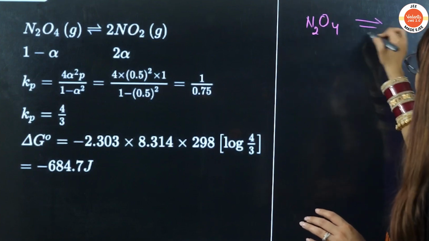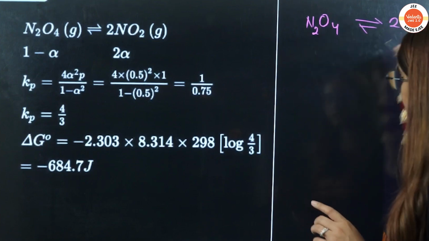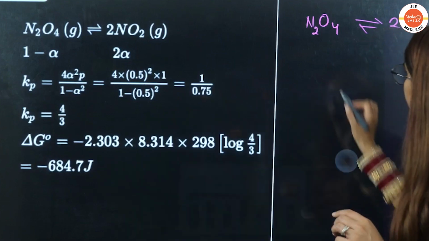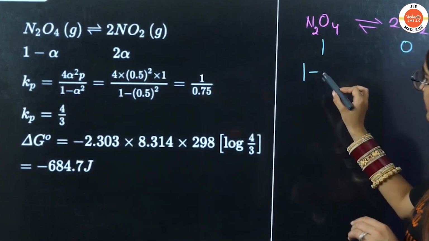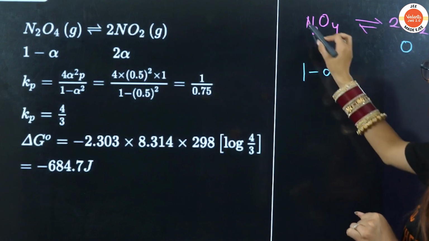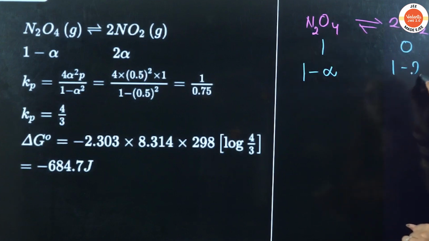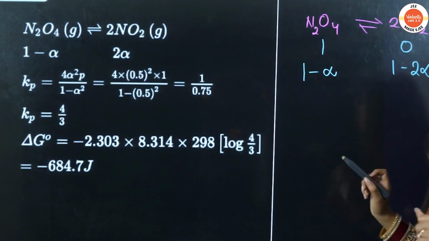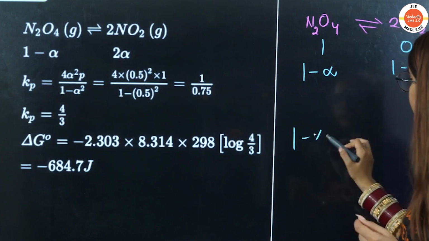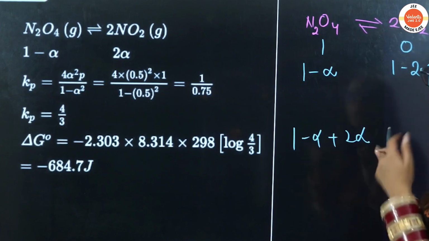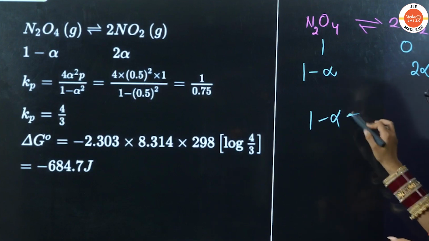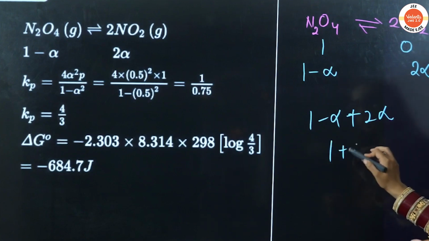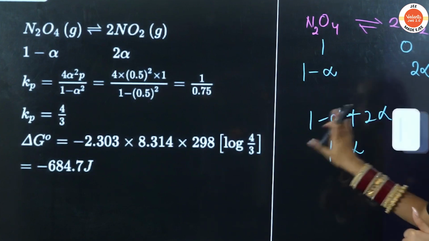N2O4 goes to 2NO2, because this particular part is very important. This is initially 1, this is initially 0. You dissociate, let's say, alpha amount, so N2O4 is 1 minus alpha and NO2 is 2 alpha. Total number of moles is 1 minus alpha plus 2 alpha, that is going to be 1 plus alpha.